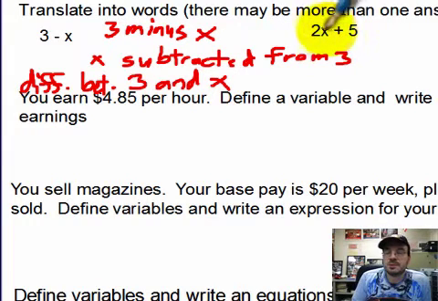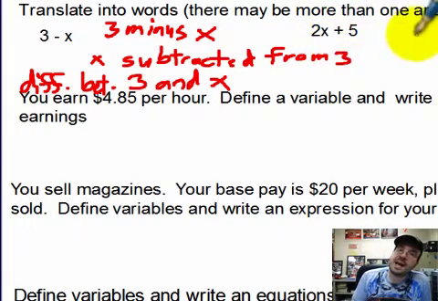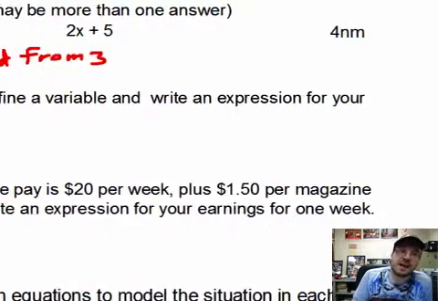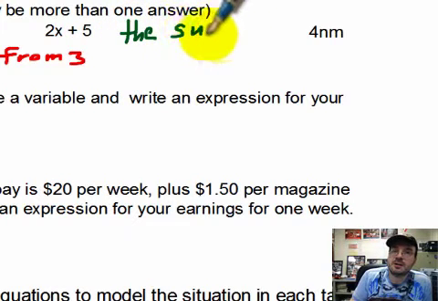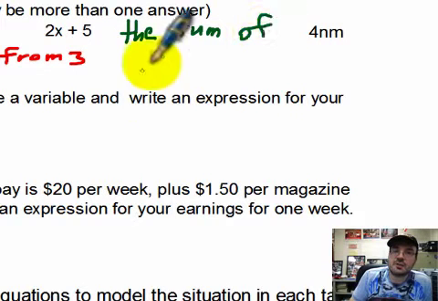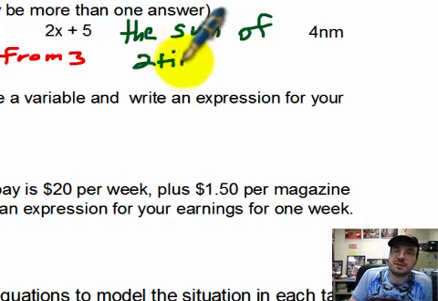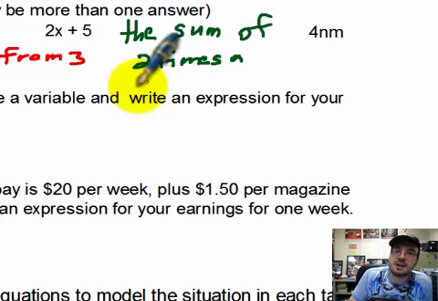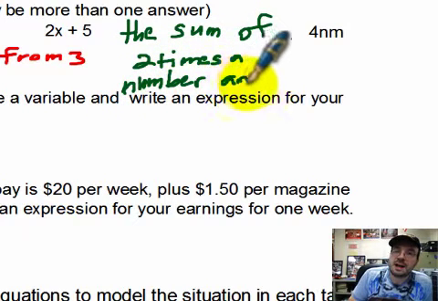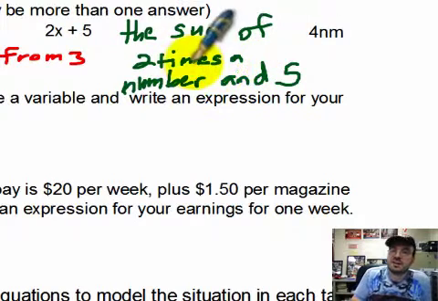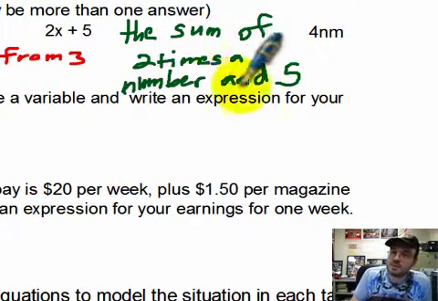Here, you could do plus, you could do add. I'm just going to use the sum. Or you could do 2 times a number plus 5. But I think I'll do the sum of 2 times a number and 5. Okay, so I have 2 times a number and 5, and I take the sum of them.